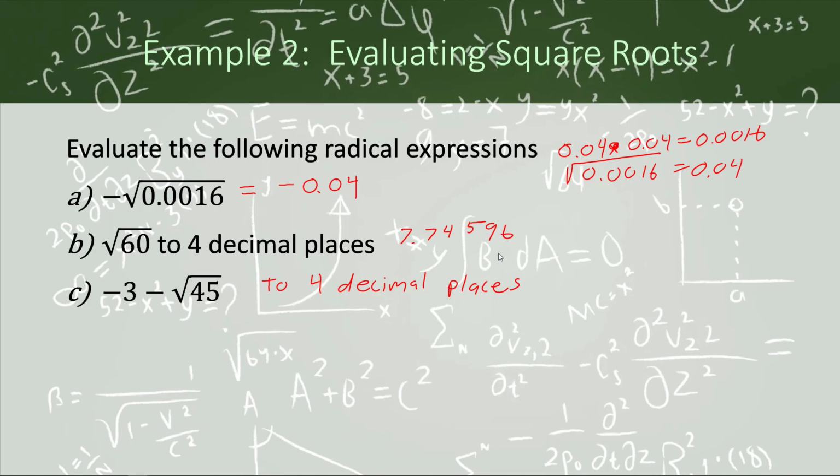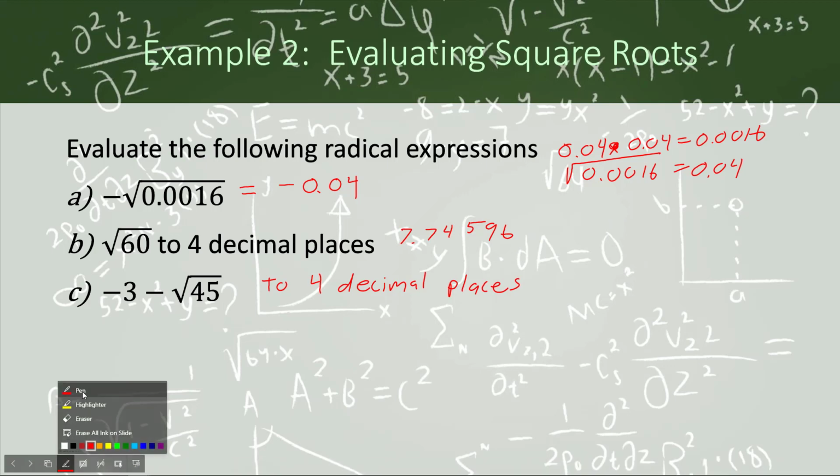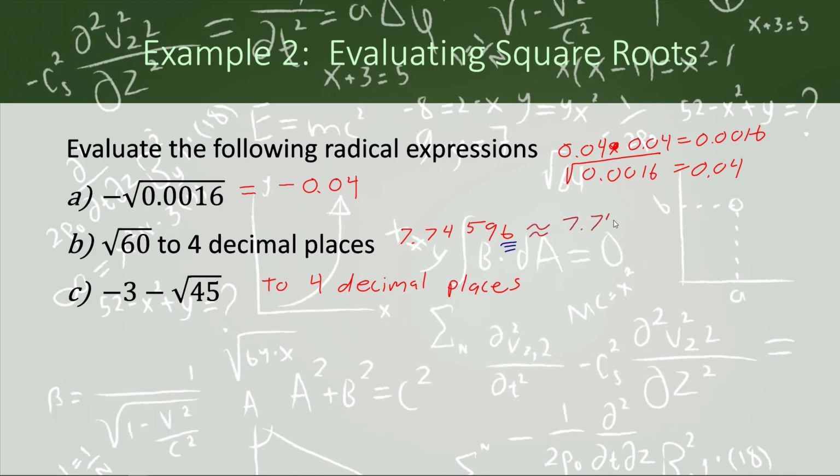I could go farther. Now notice here that my 5th decimal place is a number greater than 5, and that tells me I'm going to round up. I'm going to change this 9 to a 0, but since I'm going up to a 0, I need to change the 5 to a 6. So this will become, when rounded, 7.7460. That should be the answer.